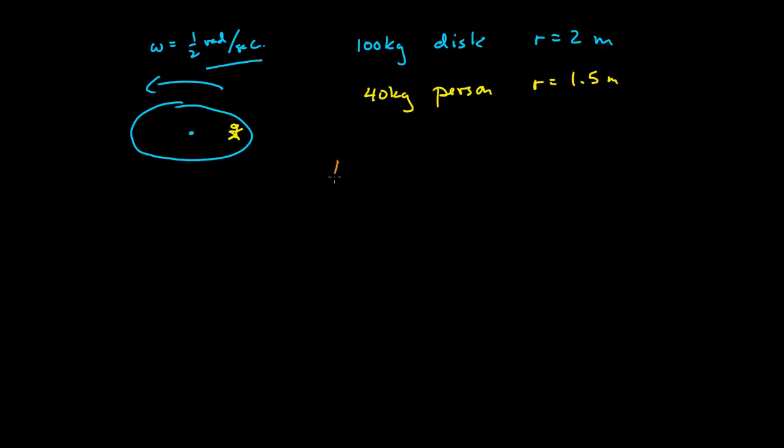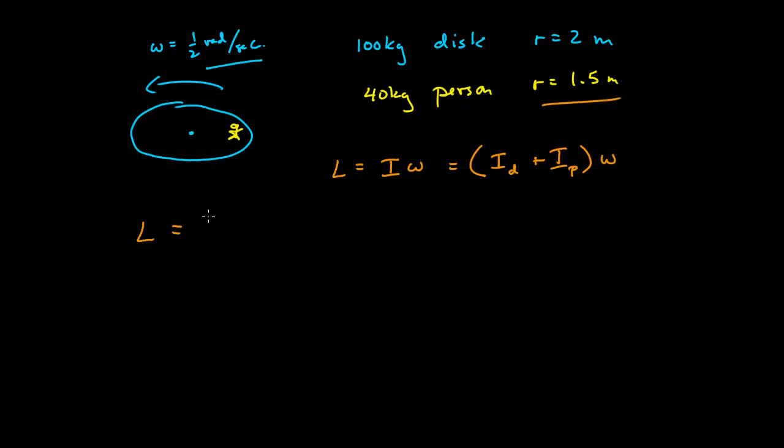Well, our angular momentum is going to be the moment of inertia times the angular velocity. The moment of inertia now is the sum of the moment of inertia of the disk plus the moment of inertia of the person. We have to calculate each one separately. We'll assume that the person is a point particle at this location on the disk.